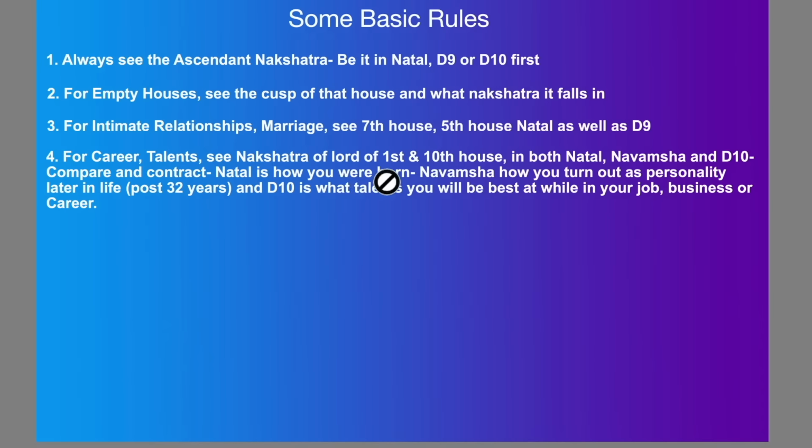Natal is how you were born. Navamsha is how you turn out as personality later in life, post 32 or 36 years of age. And D10 is what talents, how you will be using the nakshatra talents in your career, in your business, in your job. Right? So this being the basic set of rules and introduction, let's get started.